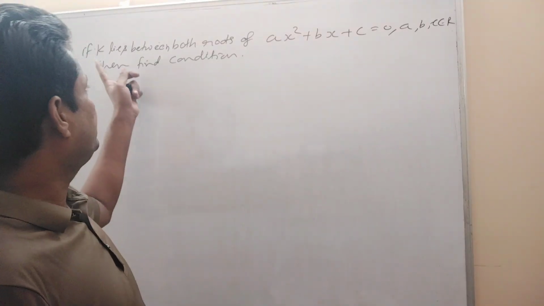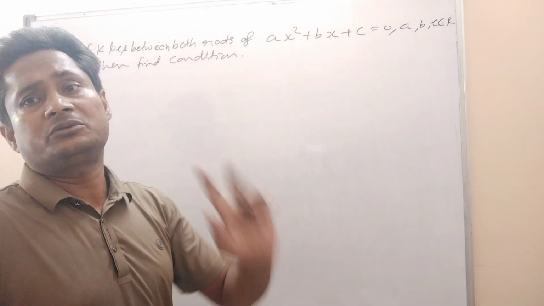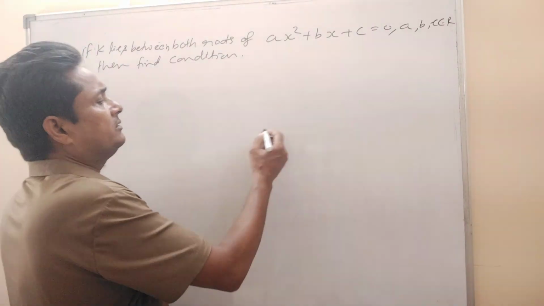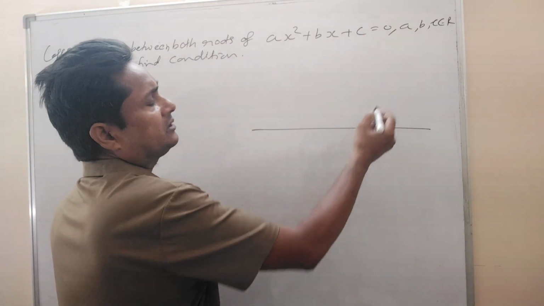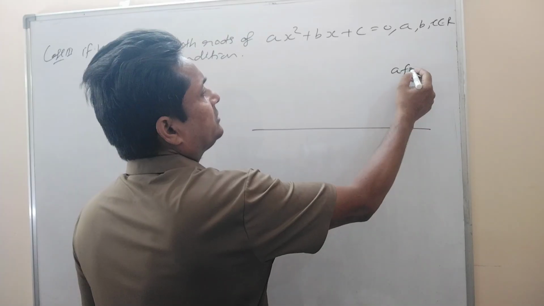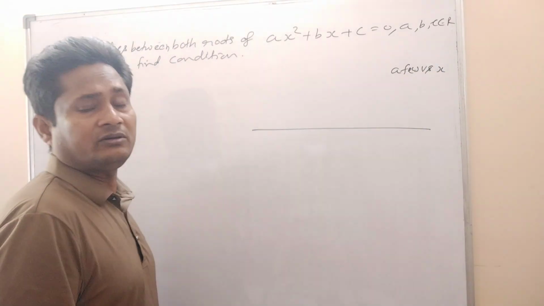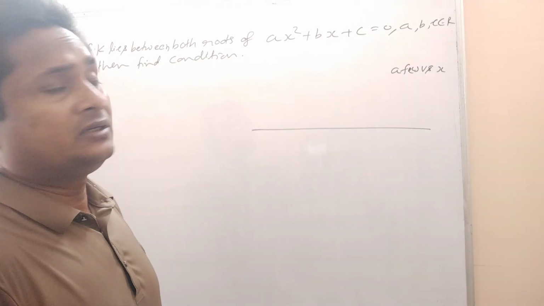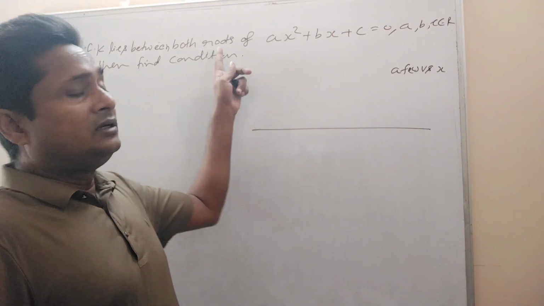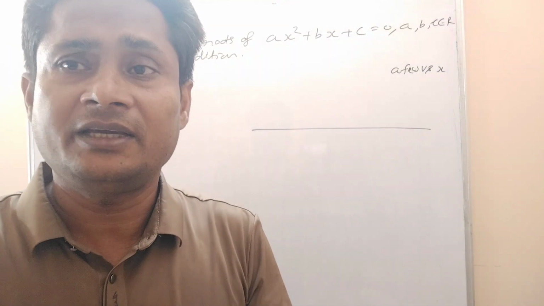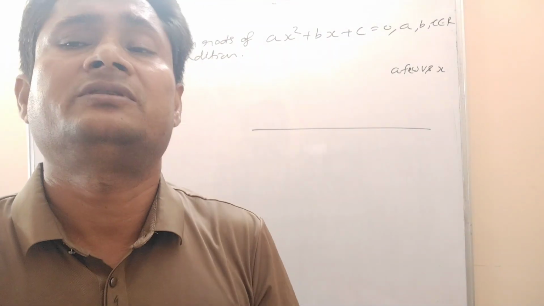It is saying that k lies between both the roots of the equation. So if we draw the graph of a times f(x) versus x, then the graph will always be upward, and in the question it is saying that k lies between both roots.